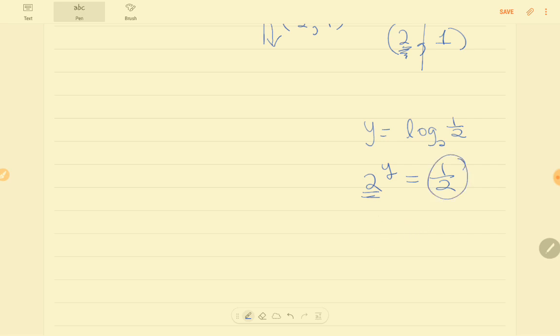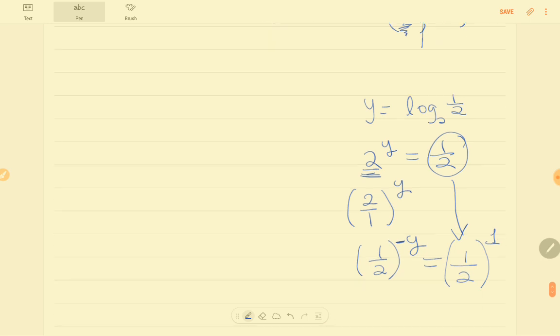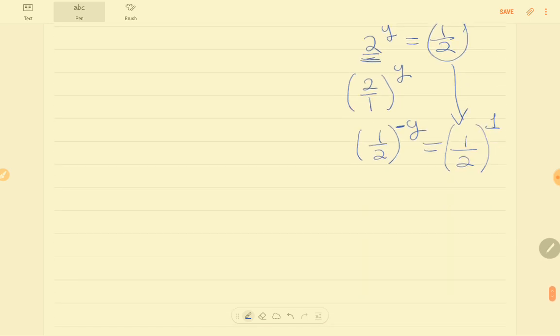Well, remember, whenever you want to flip a base, if we rewrite this base as 2 over 1 to the power of y, and you want to flip that base, you just make your exponent the opposite sign of what it originally was. So you have the base 1/2 to the power of negative y equals 1, and then you could divide both sides by negative 1 and get y equals negative 1.